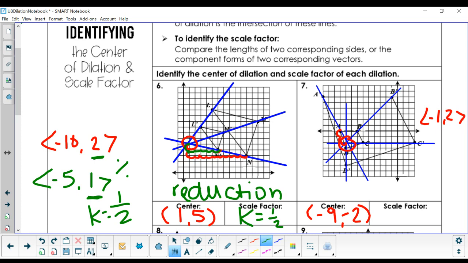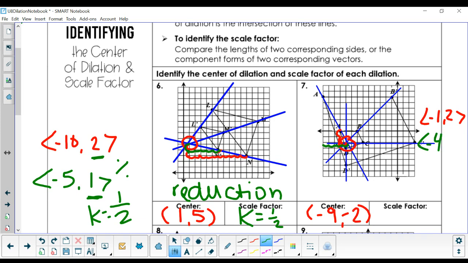Now, let's do this in green. I'm going to go from my center of dilation to A prime. So I count how many to the left first. 1, 2, 3, 4. That's actually 4. Okay, so 4 to the left.